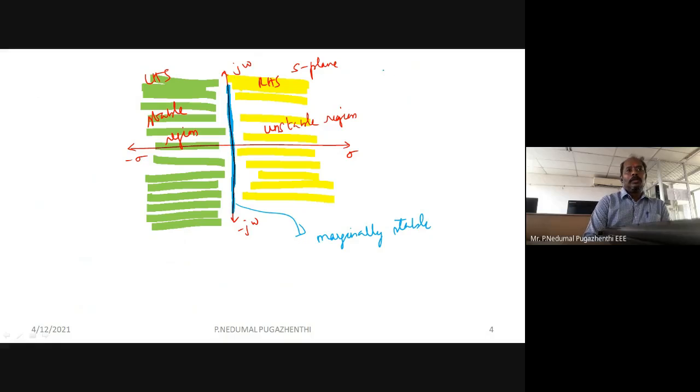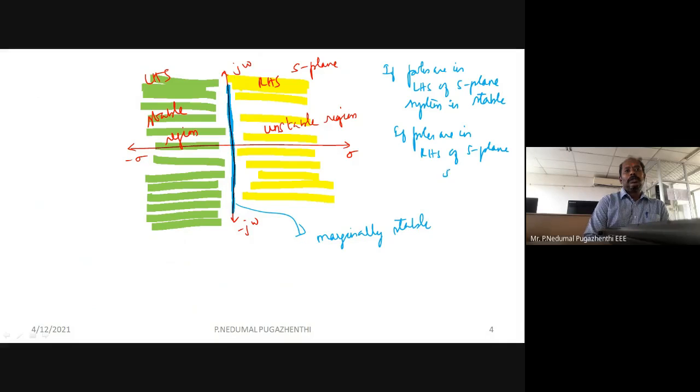If poles are in the LHS of the S plane, the system is stable. If poles are in the RHS of the S plane, the system is unstable.